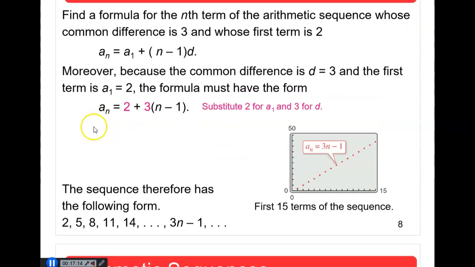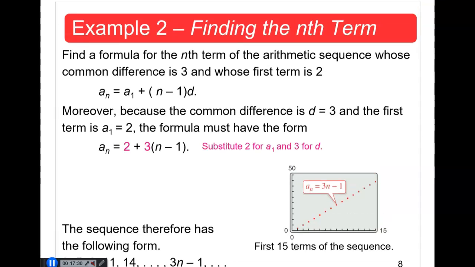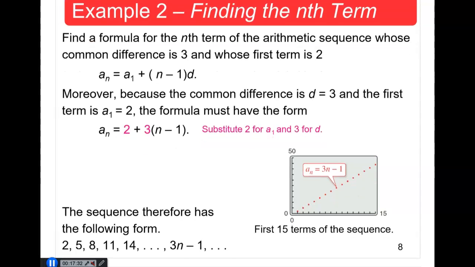Okay, so on example 2, we're going to find a term, and in this case, we start with our formula. So when you make a formula sheet for this exam, please include this formula. It's very, very important.